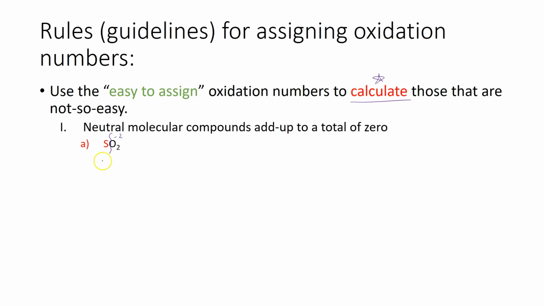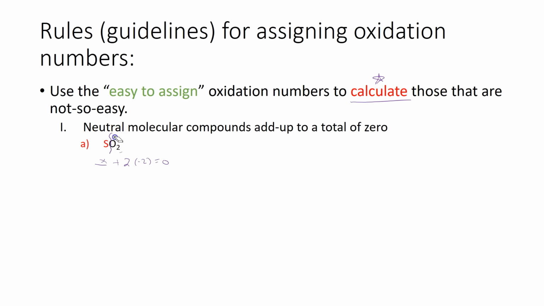So that means that my sulfur side, which I'll just call X, plus 2 oxygens. So the way I'm going to write this is X plus 2 times -2 equals 0. All right, so I'm saying my sulfur oxidation number plus my oxygen oxidation numbers need to add up to 0. I know that the oxygen's a -2.